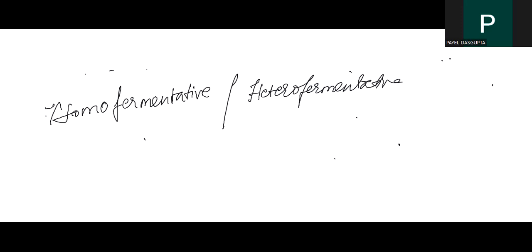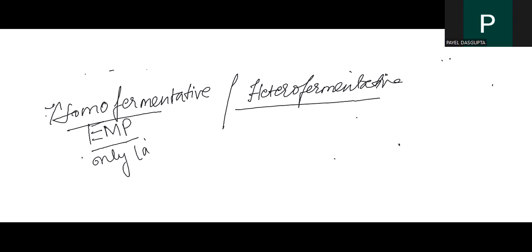Homofermentative is, as I discussed just now, the Embden-Meyerhof pathway. Only lactic acid will be formed. One such example is Lactobacillus casei, which is homofermentative. It comes under the homofermentative lactic acid bacteria, as well as Lactobacillus bulgaricus.